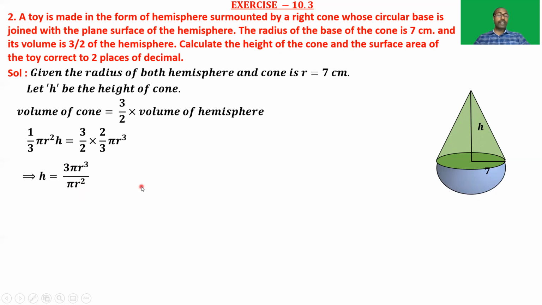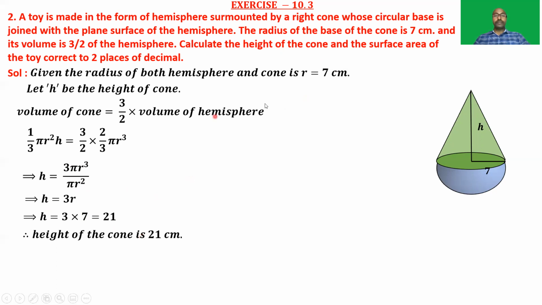Then we are left with 3r in numerator, so that h is equal to 3r. But it's given that radius is 7 centimeter, so height is equal to 3 into 7, which is equal to 21 centimeter. So the height of the cone is 21 centimeter.